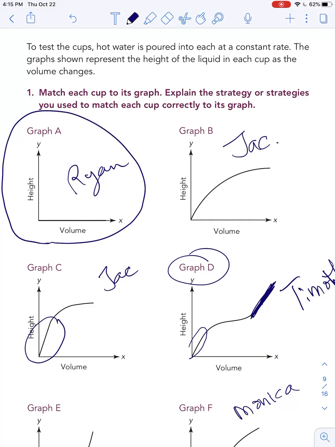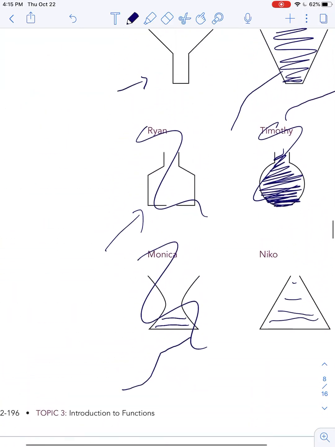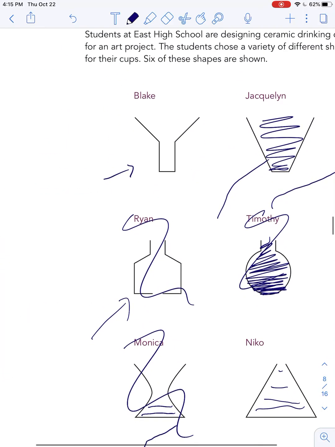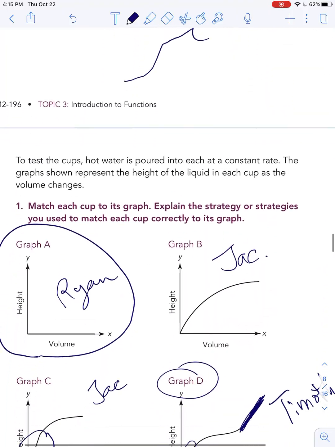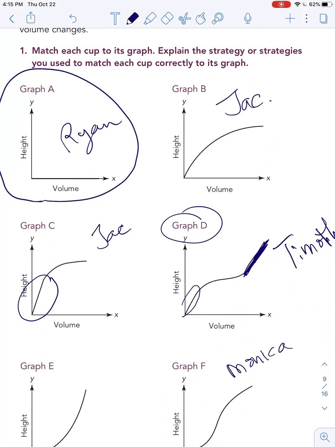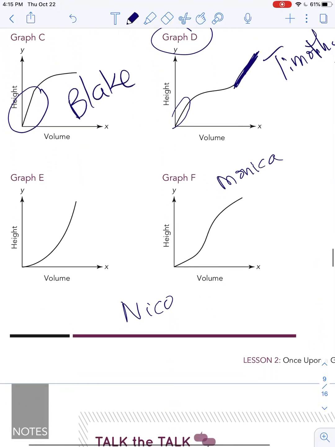Ooh, I don't know. This one looks like it could be Jacqueline also. Fast, super steep. Nope, I am going to go with this one still being Blake. I like that one still for Blake. That one Jacqueline, and then this one Nico. Okay, hope you enjoyed.